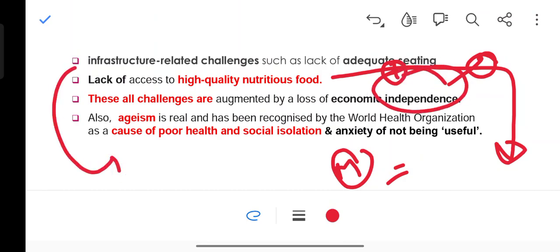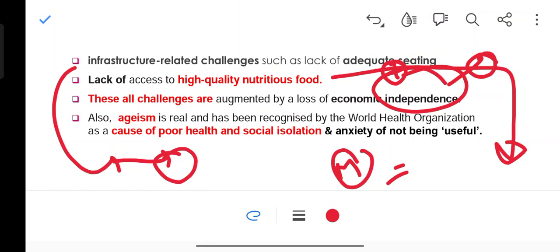Because when a person reaches the age of 60, their physical strength is not high enough to work further, so they become dependent. Because of that they may not get proper nutrition, proper food, or proper money from the family, and their health may also deteriorate.